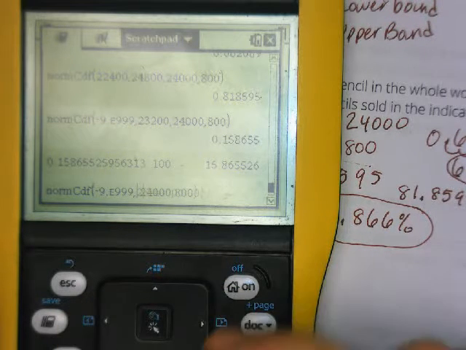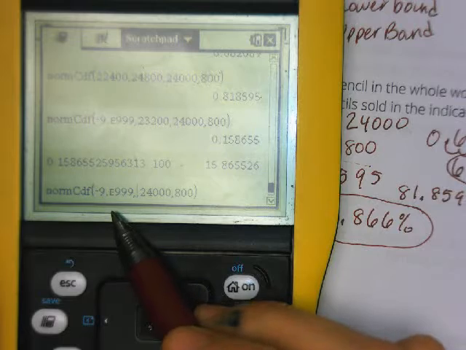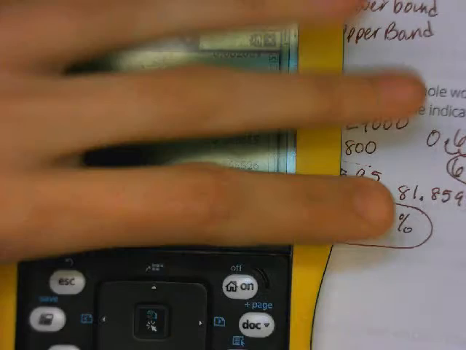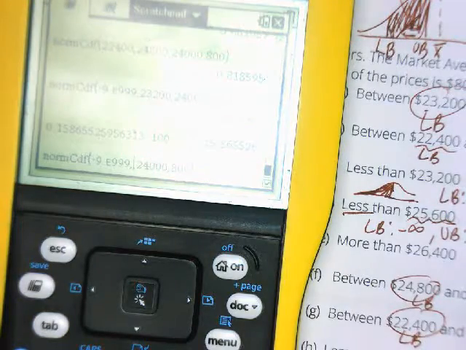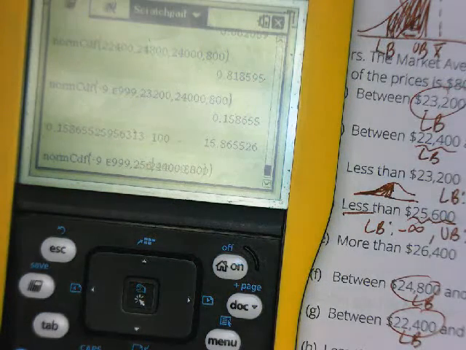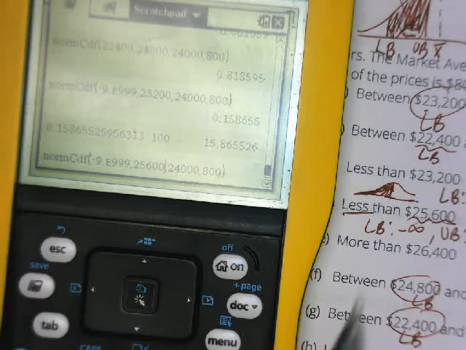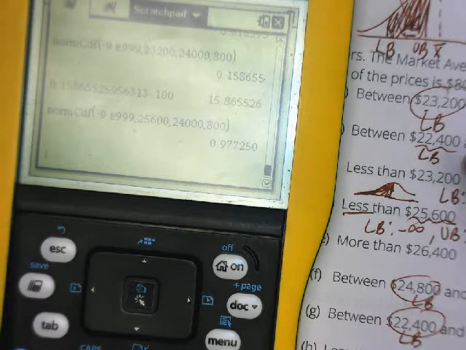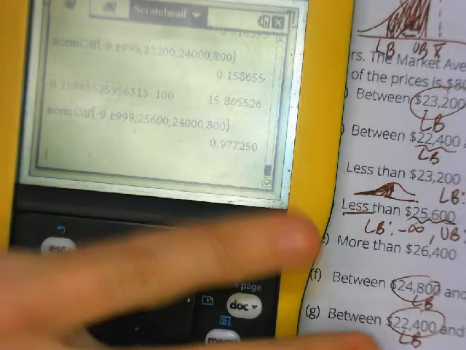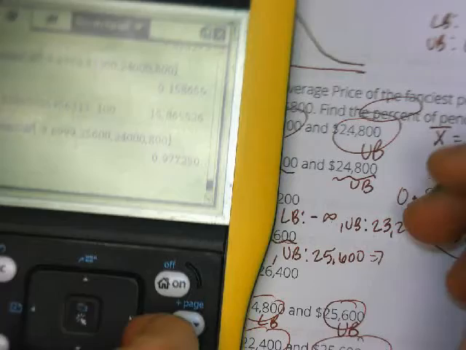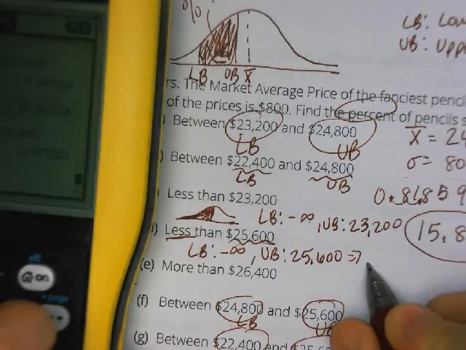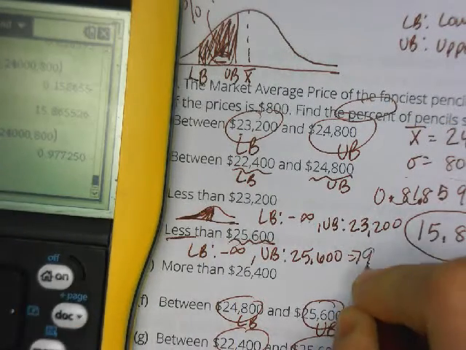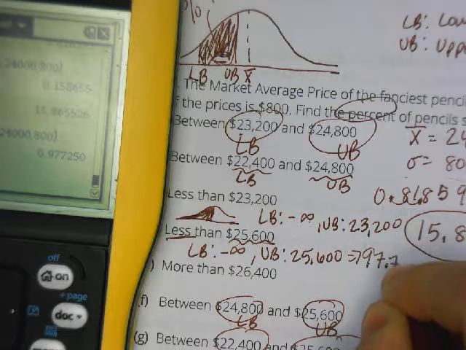So my lower bound is still negative infinity. My upper bound is now 25,600. There's my mean and there's my standard deviation. So this answer, if we convert that to a percent, so we're on part D, this is 97.725%.